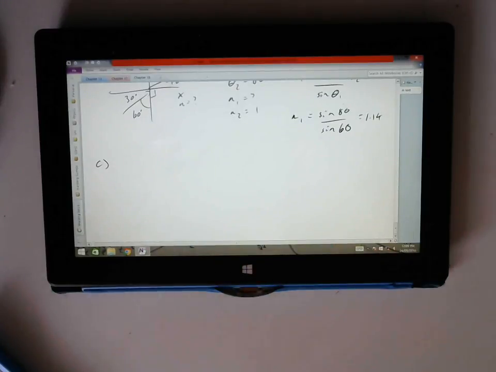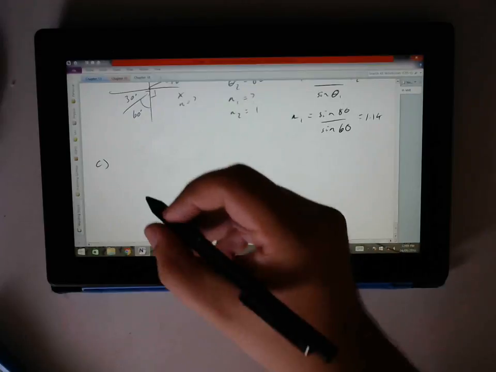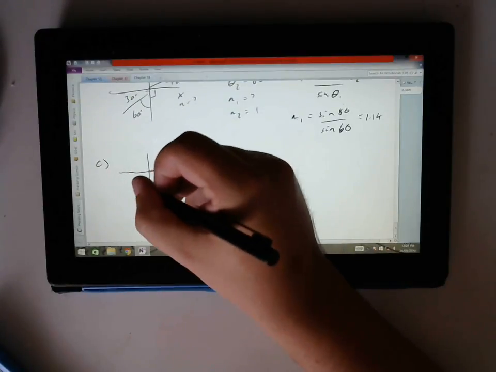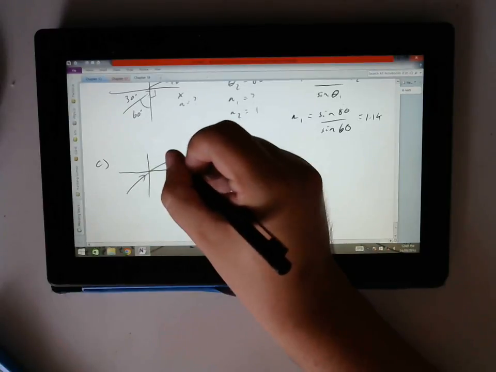This time, though, we're not given an angle, we're given a velocity. So remember, we're trying to find the n of a medium. The original definition is not using Snell's law, but is defined as the ratio between the speed of light in air and the speed of light inside the material.